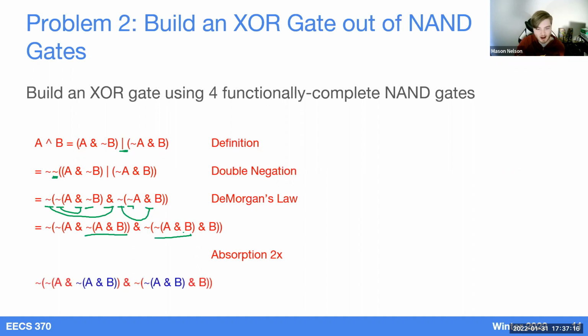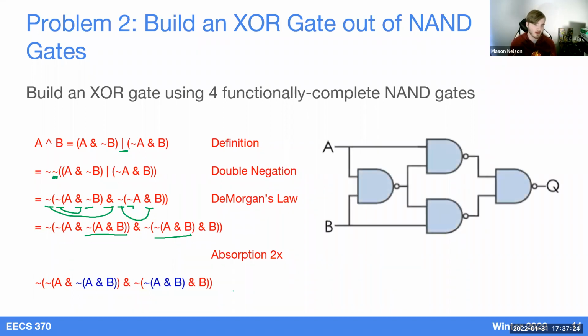And then one thing that we can do with our gates that we can't do with our equations is reuse things. And so that blue NAND is going to correspond to the NAND I'm coloring with green here. And so this would be an XOR gate.